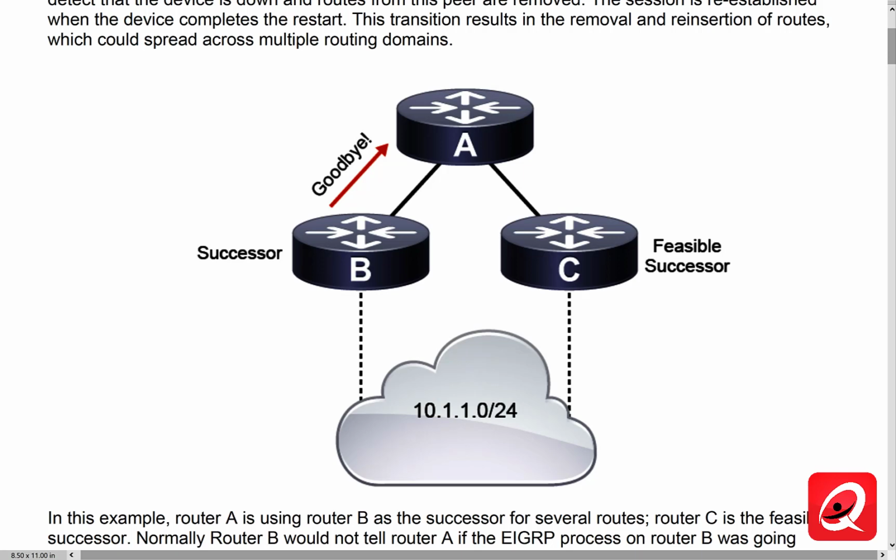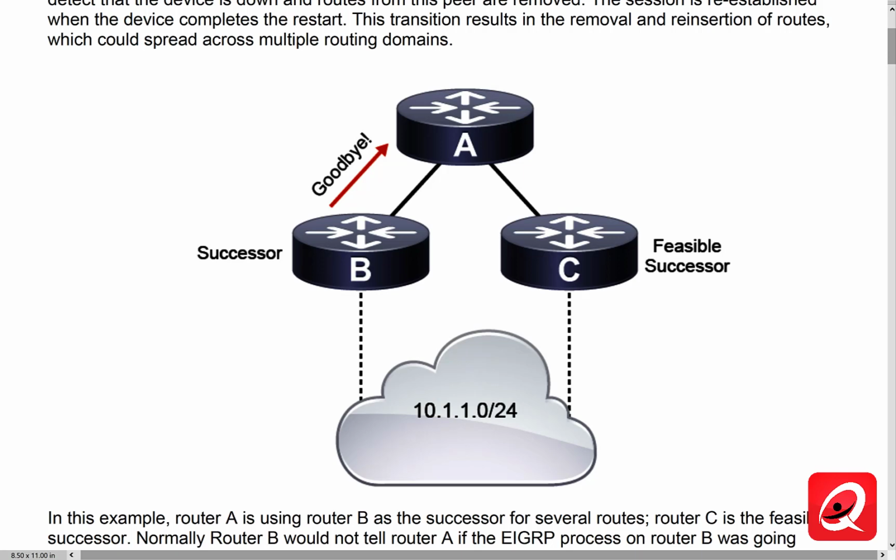That part is a little confusing, because how is it doing that if EIGRP is not running in the first place? But it's doing it, and that's how the Graceful Shutdown feature works.